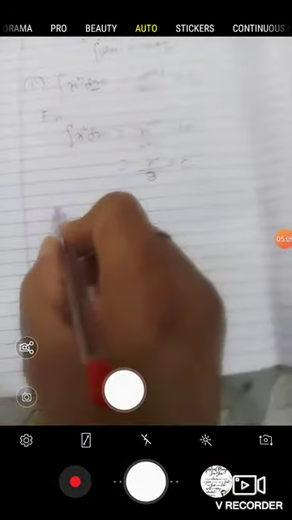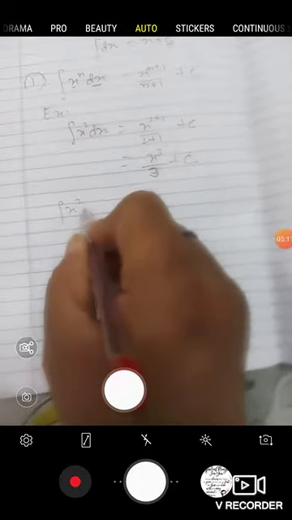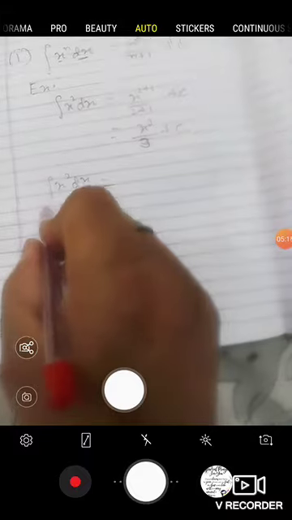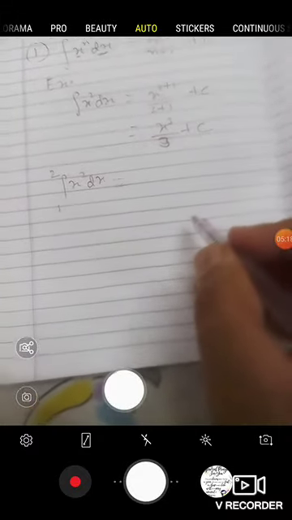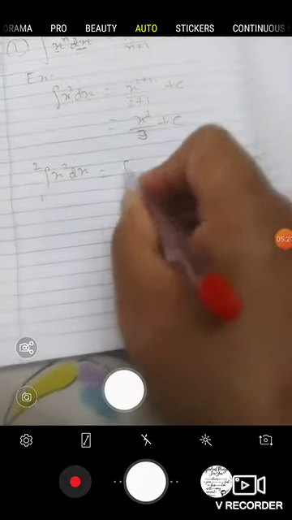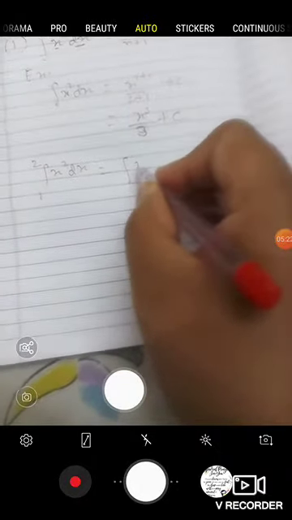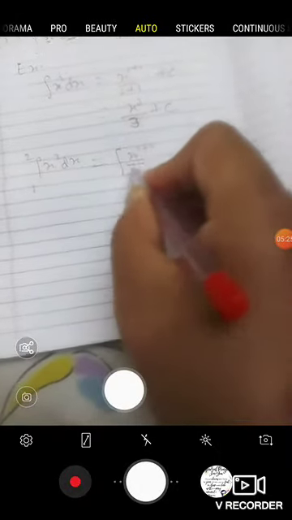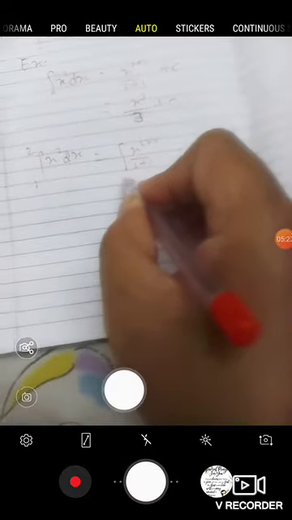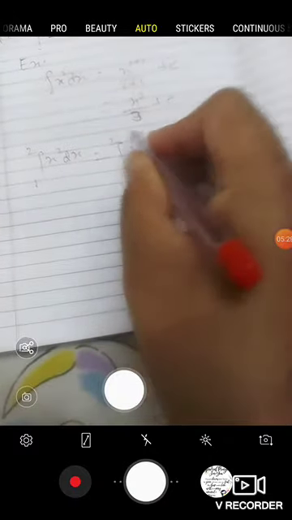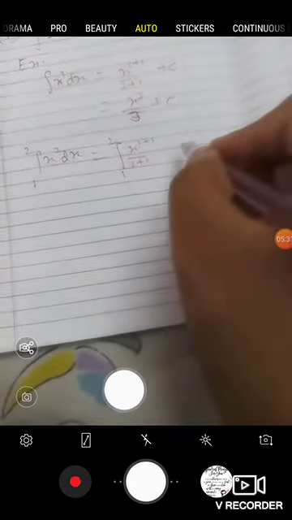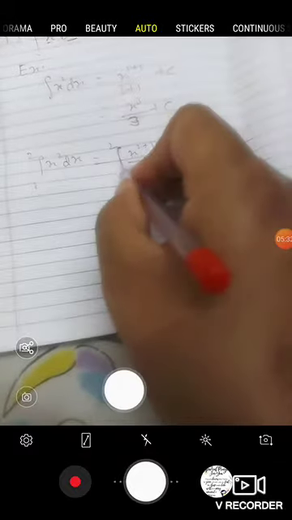Now suppose I add limits to this. Suppose I am writing 1 to 2. What will happen? I will write the same basic formula, x to the power 2 plus 1 divided by 2 plus 1, from 1 to 2. I will just put it in brackets.